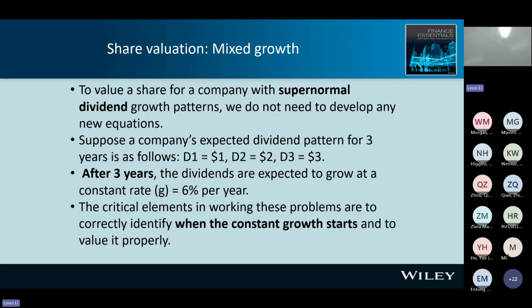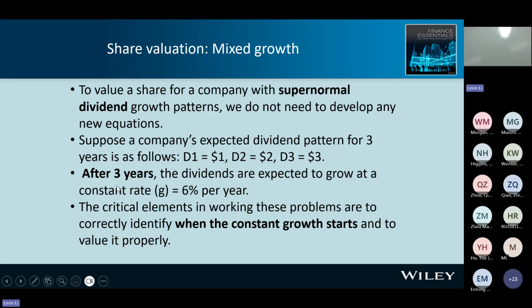It's not easy. So this is why share valuation is more difficult than bond valuation. Dividend growth rate is not a constant, and we need to estimate when the constant growth rate starts. It's another big problem. But here, because this is FINAN101, we just give you all the data directly.